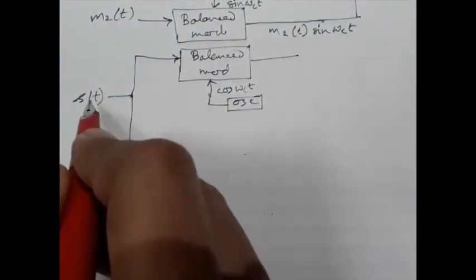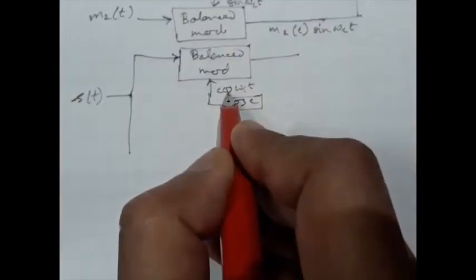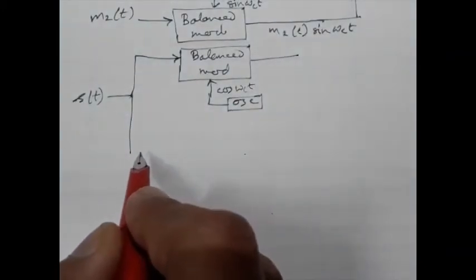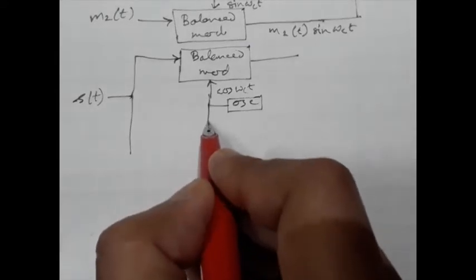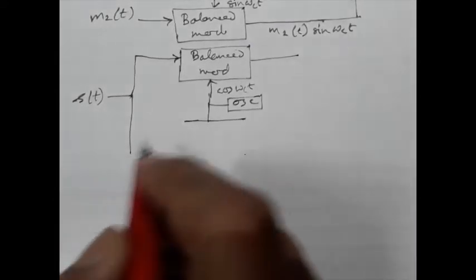So the incoming DSB-SC here will be multiplied by cos omega ct, and we must have another channel.